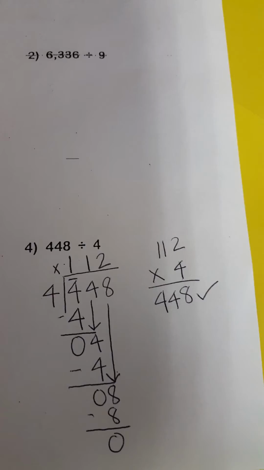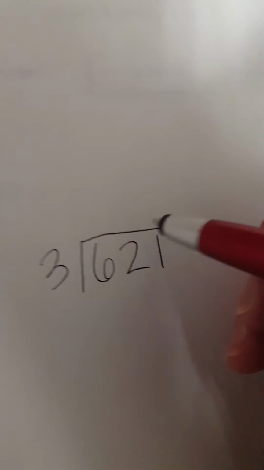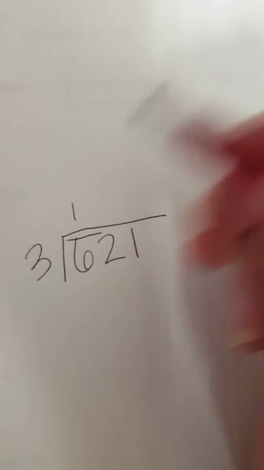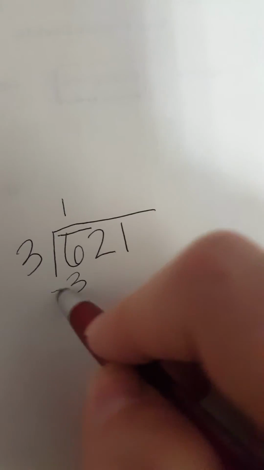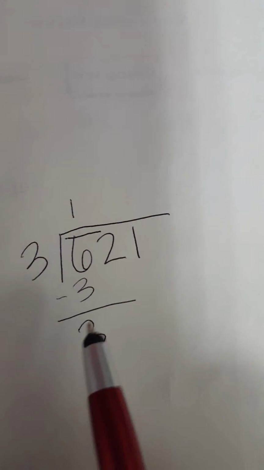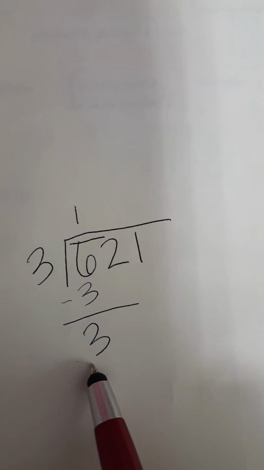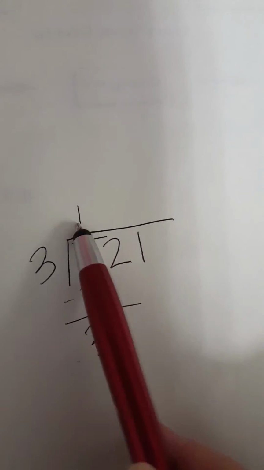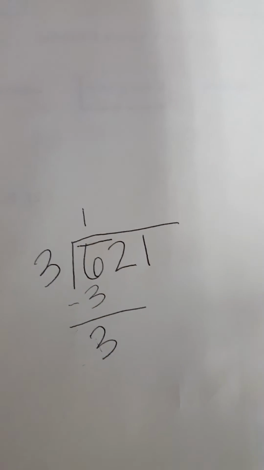Now remember, if I start doing my division, and I go in here and I say 3 can go into 6 1 time, which is 3, I subtract, I get 3. If this number that I get when I subtract is equal to or larger than my divisor, then I could have gone 1 more time up here.